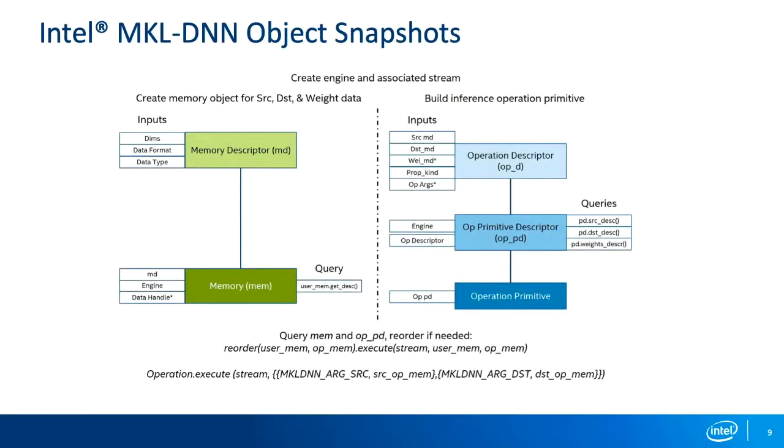So when you create your ReLU primitive, you would take the destination descriptor, the DST descriptor from the convolution, and pass that as an argument to the ReLU input. So you're just telling the ReLU to run on whatever format the convolution output. These are all done with these queries, these built-in queries.